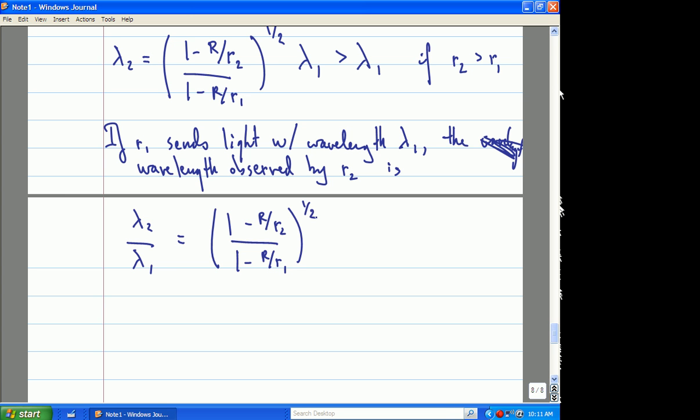And this is also the ratio of the frequencies. So the frequency is 1 over the wavelength. So this will be the ratio of the frequency, omega 1 over omega 2. And this is known as gravitational redshift.